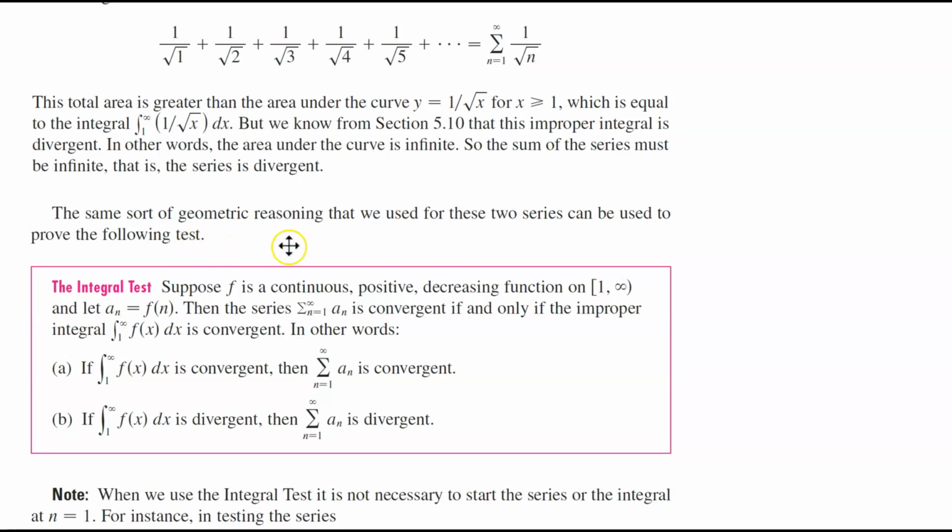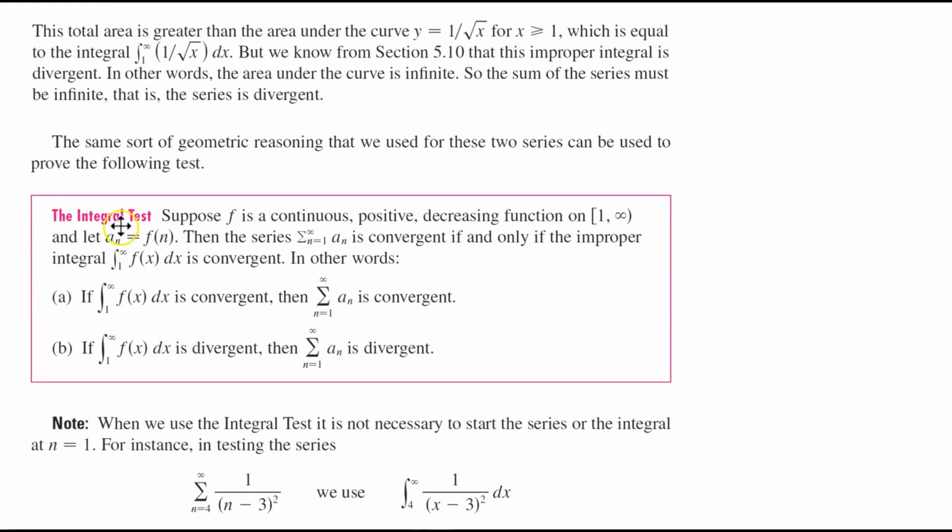The same sort of geometric reasoning that we used for these two series can be used to prove the following test. The integral test. Suppose f is a continuous, positive, decreasing function on the interval from 1 to infinity, and let a sub n equal f of n.